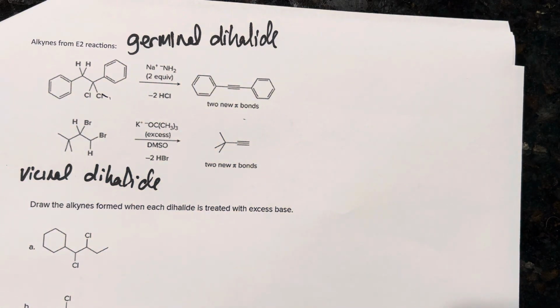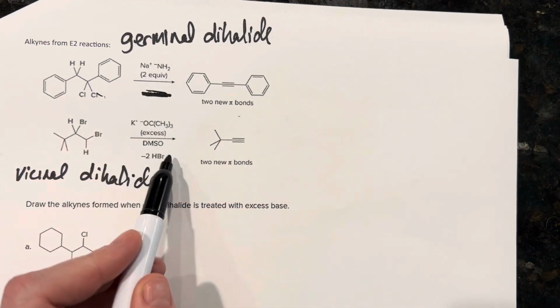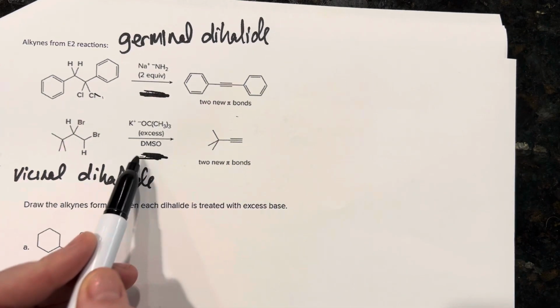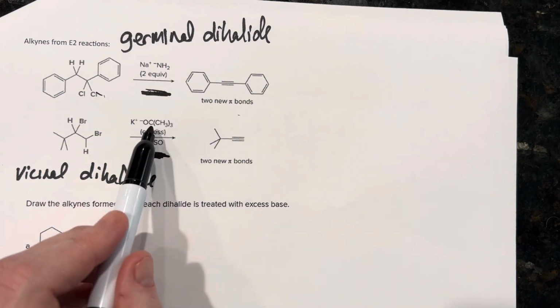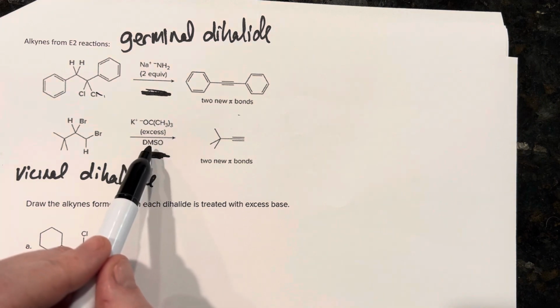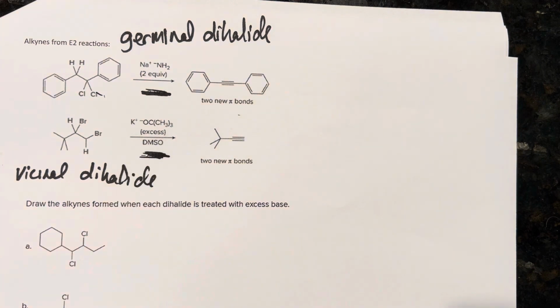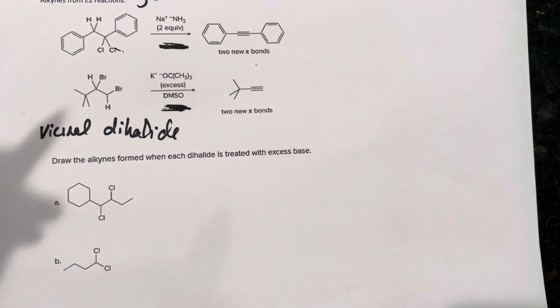Okay, what else we got? Also, it says minus 2HCl. That won't be given to you on an exam. You won't know what it loses. You're just going to have to know. You're going to have to know that that's a strong base, that that's a strong base. Hey, look, dimethyl sulfoxide, that's a polar aprotic solvent. Okay, let's keep going.